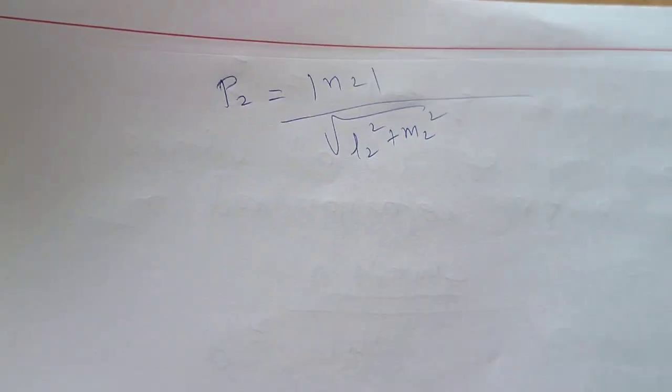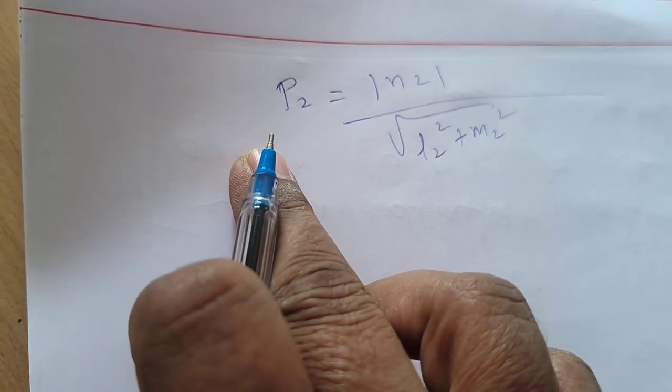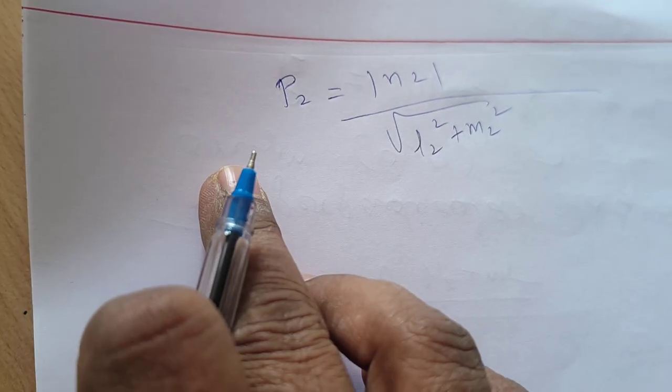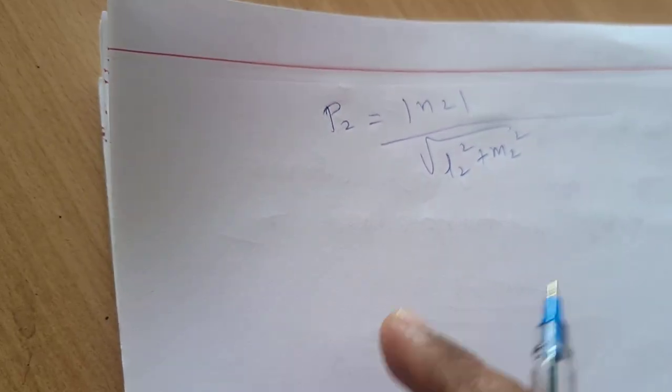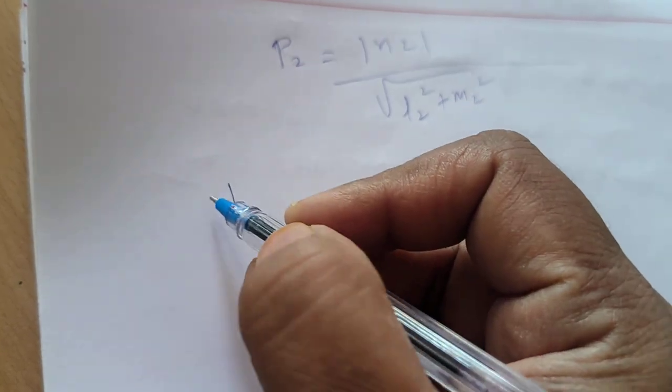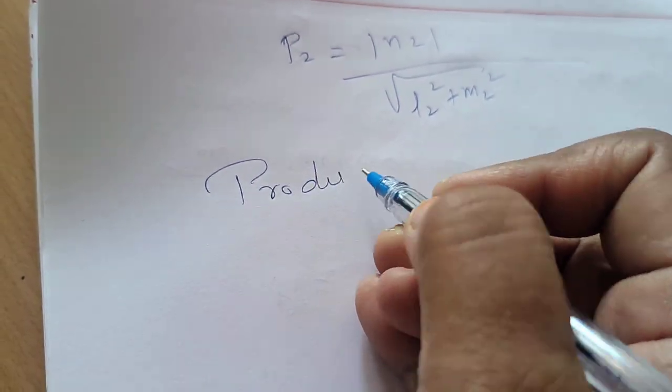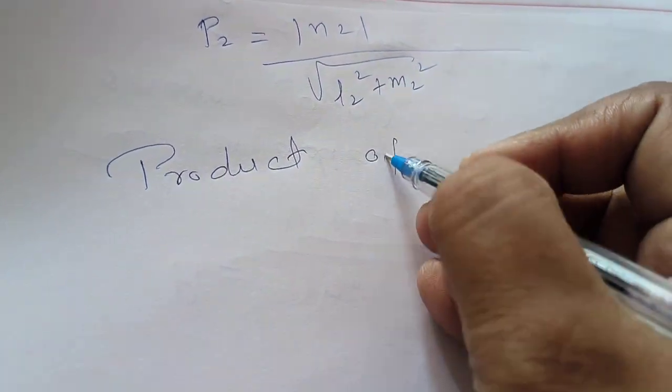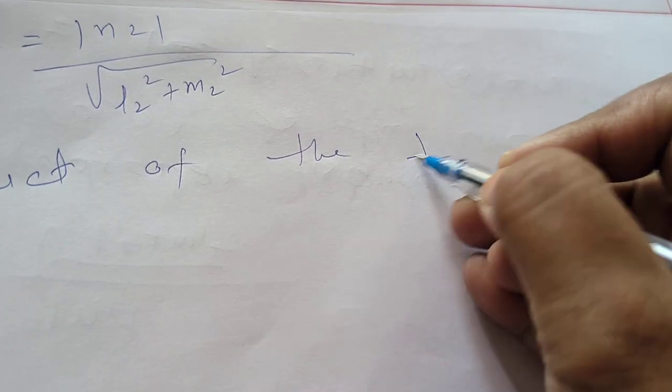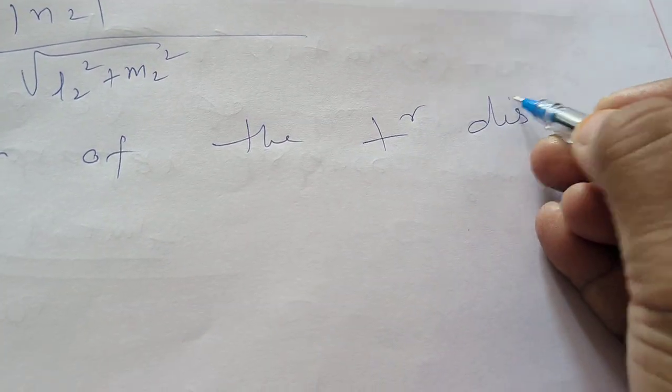Now, the product of the perpendicular distances. P1 is the first perpendicular distance, P2 is the second perpendicular distance. So here we will write the product of the perpendicular distances.